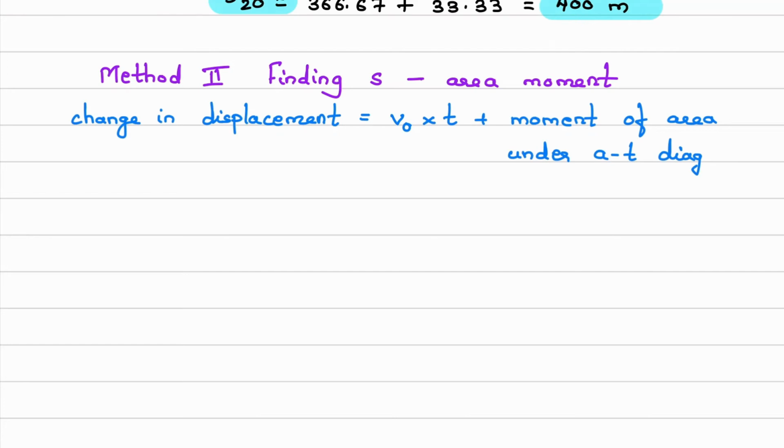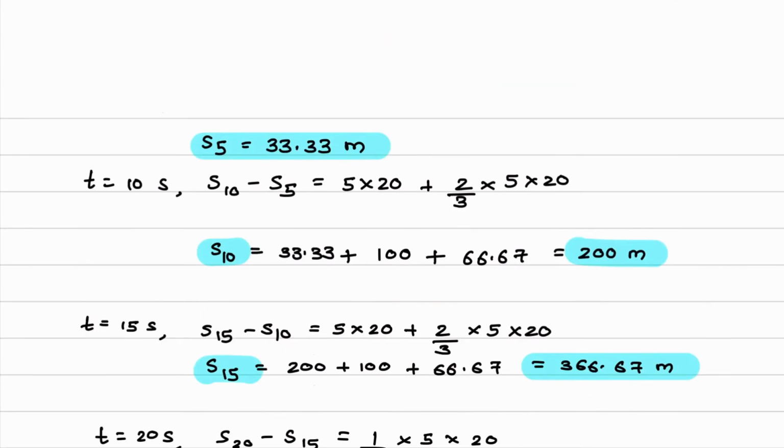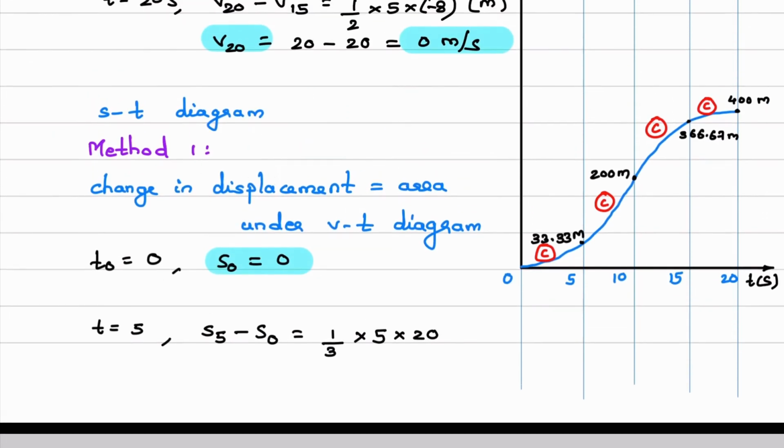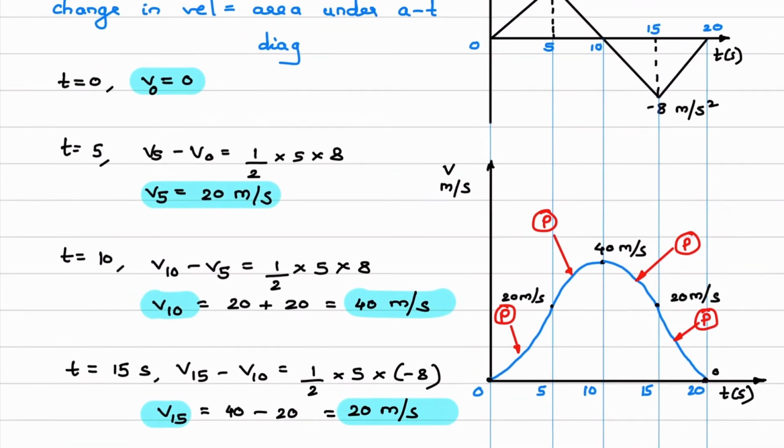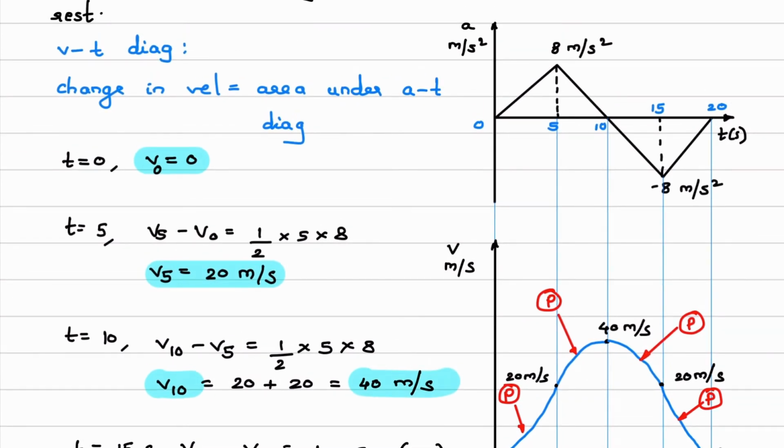Okay, so we'll write this equation now. First we have to see the diagram first. Okay, so directly what we have to write, for time equal to 5 seconds, what we can write, change in displacement, so S5 minus S0. Whatever the second point is there, for that point we have to write initial velocity.